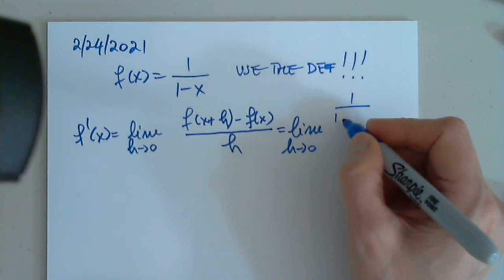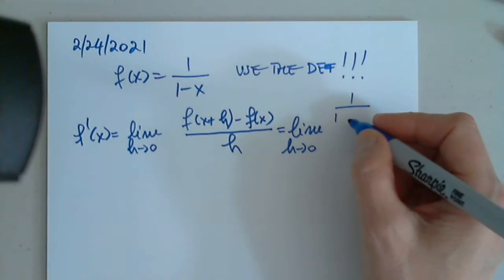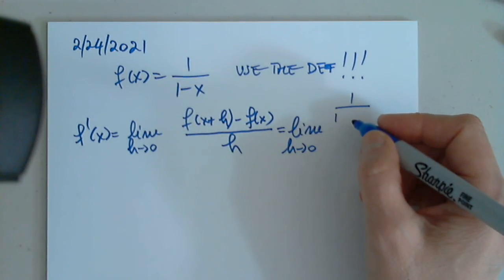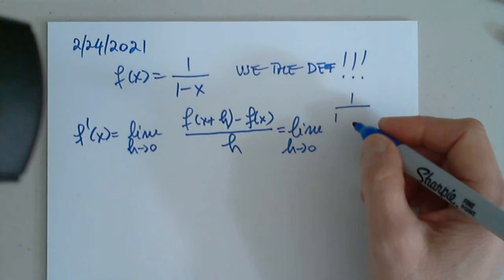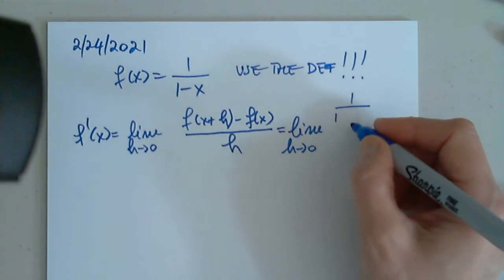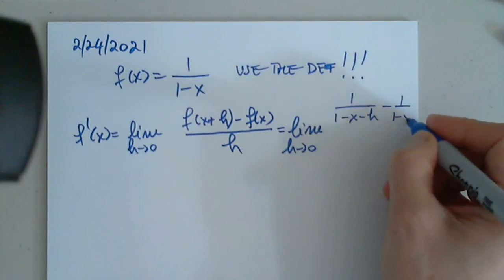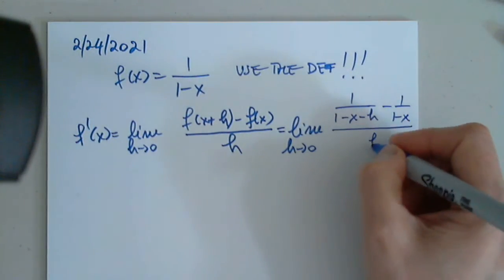But then you have to say parentheses, so careful. What do I write? You either say parentheses or you already distribute. 1 minus x minus h. Very good. And then minus 1 over 1 minus x, divided by h.